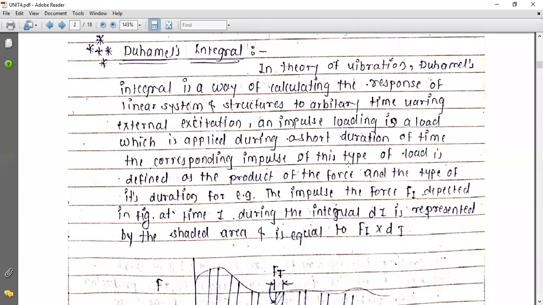Duhamel's integral in theory of vibration.